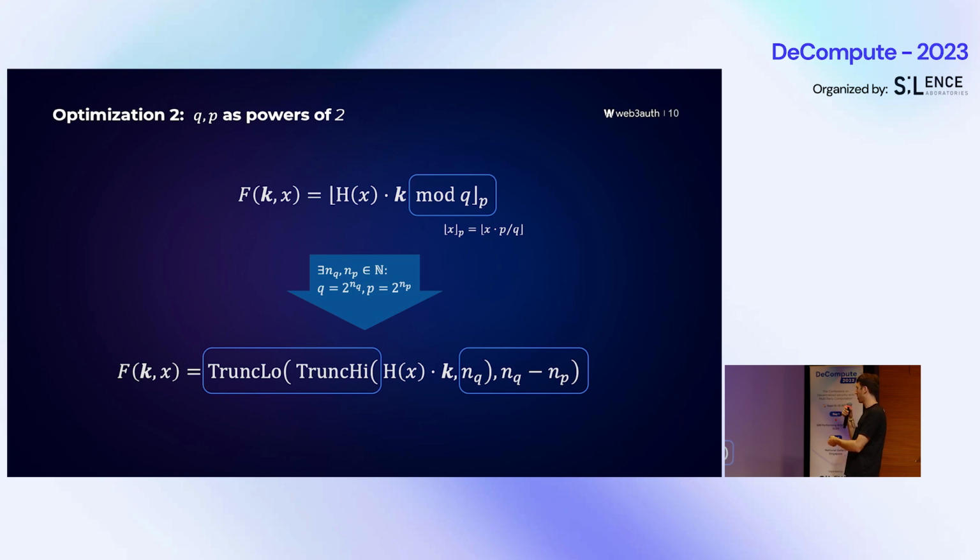Now we have a nice representation of the same function, and we will see this is much easier to think of in MPC because these bit operations we can do efficiently in MPC.